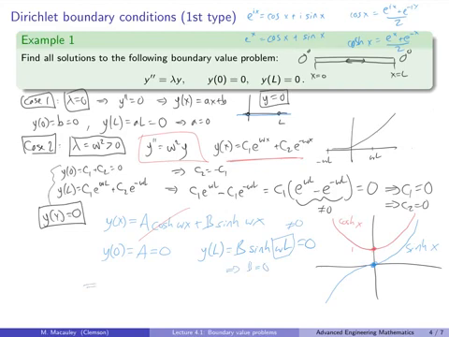So we get right away that y of x equals 0. That's what we obtained up here. It was just easier. We didn't have to deal with this system of equations and solving one for the other. So the moral of the story, a rule of thumb when you're dealing with boundary value problems with functions of x instead of t, is to use sinh and cosh instead of exponentials.